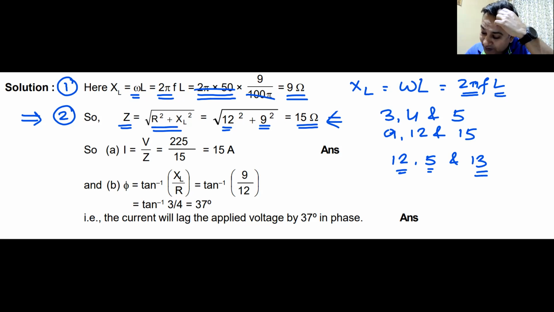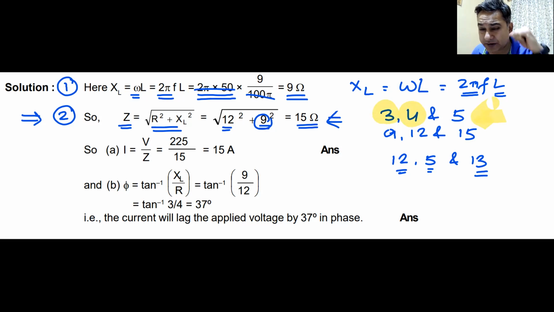If you find that one of XL, XC or R is 9, the other one will come as 12. That is how questions are framed. If one of these values is coming as 3, the other will come as 4, so that the answer becomes 5. So if you remember these Pythagorean triplets, the question will become very simple.